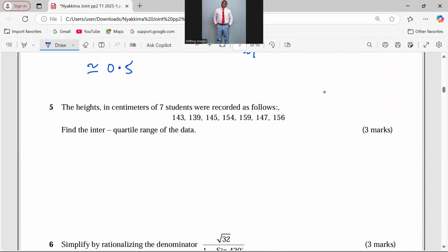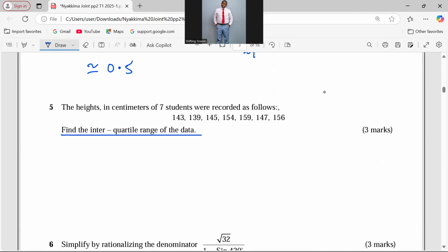The heights in centimeters of 7 students were recorded as follows: 143, 139, 145, 154, 159, 147, 156. Find the interquartile range of the data.